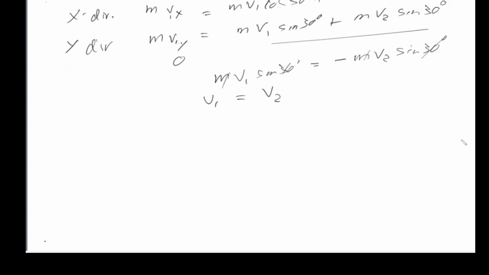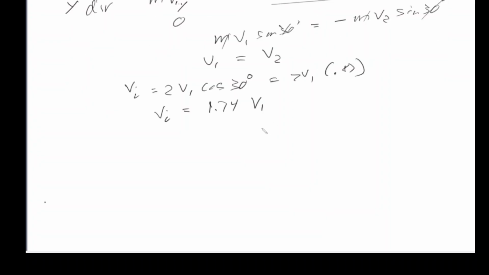So now we know, because it's given, that v1 initial is equal to 10 meters per second.